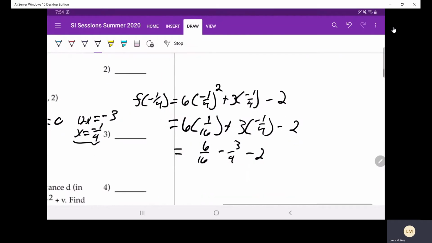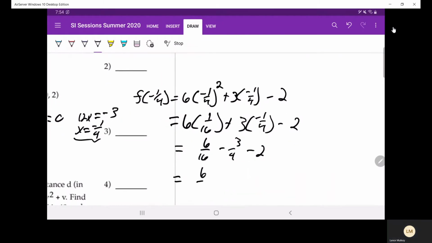So if you get common denominators, this equals 6 over 16 minus 12 over 16 minus 32 over 16.